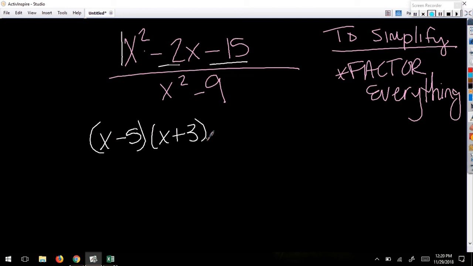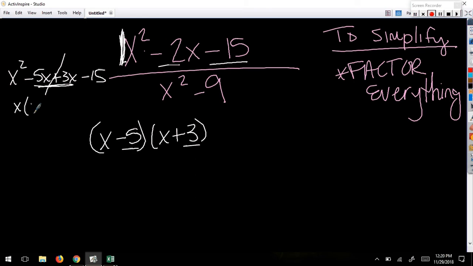Do you need me to group it off to the side and show you? This only works when that leading coefficient is 1. If there's a number in there, it doesn't work like this. But when you set it up, minus 5x plus 3x, these two factors are always going to be what these two numbers are.